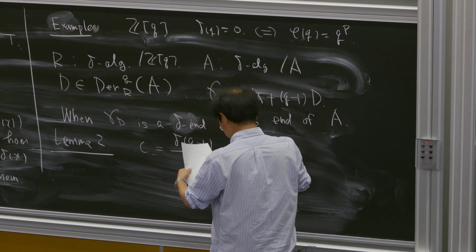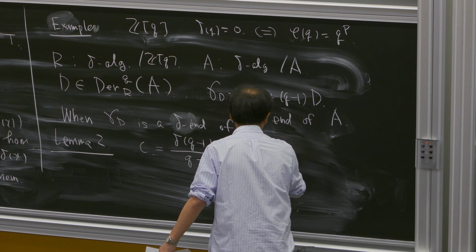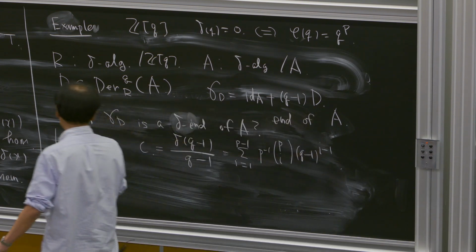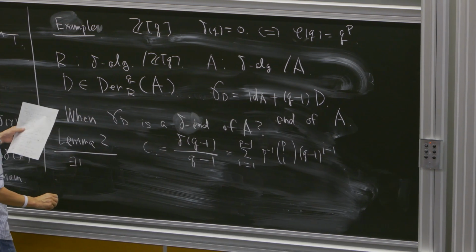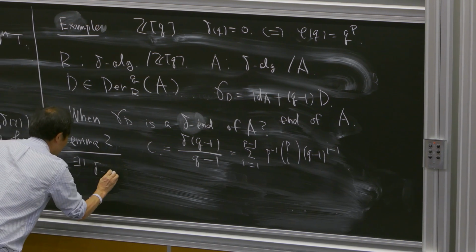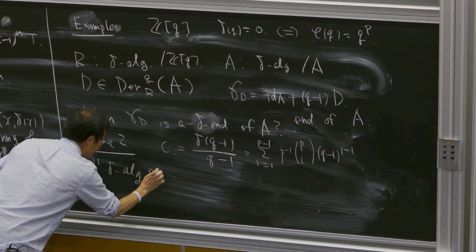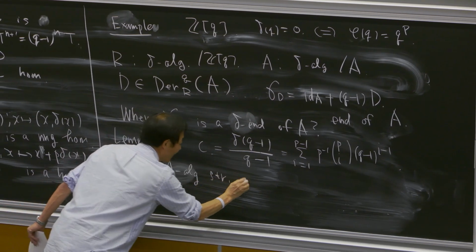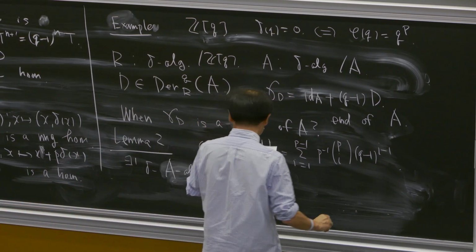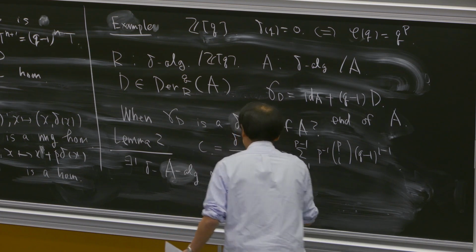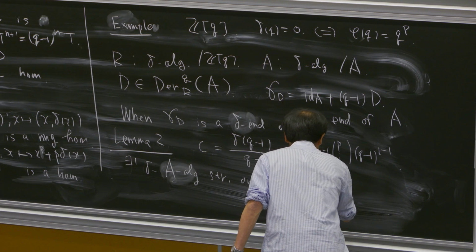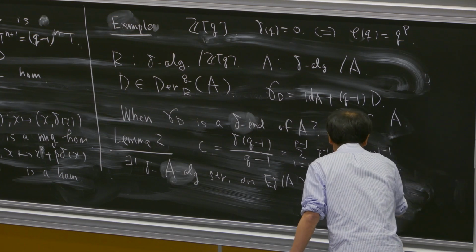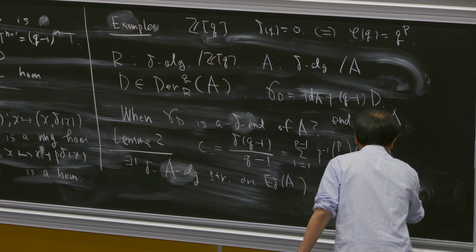Then you can easily compute, and this becomes, and then there exists a unique delta-A-algebra structure on E_delta A such that the value of delta T is just CT.